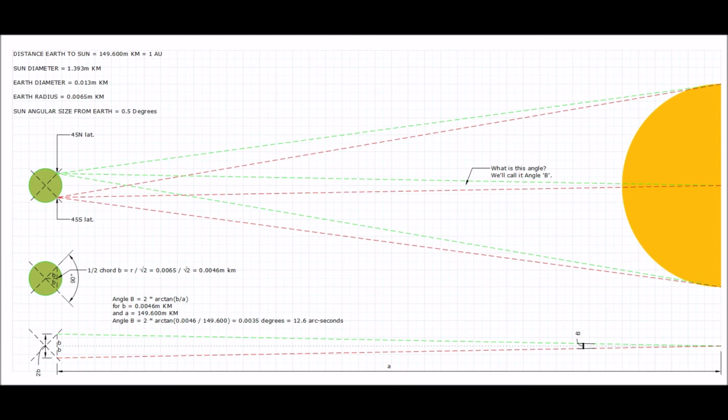So if your name is Kyle Adams and you want to go on to a debate or discussion program and insist about the sun's rays not being parallel, you now know how much not parallel they are. Like a tiny, tiny, tiny amount.